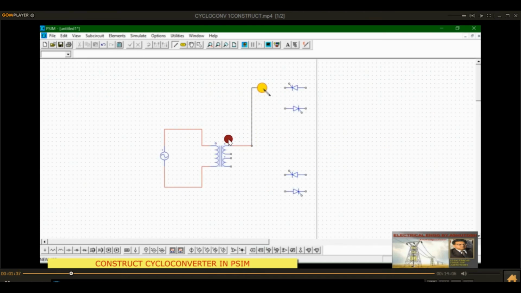So see here, this is a transformer winding, center tap, and here it will be the center tap. Then choose 4 thyristors. These are the thyristors, 4 thyristors. 2 will be directed left to right, 2 will be in reverse direction, reverse connected.